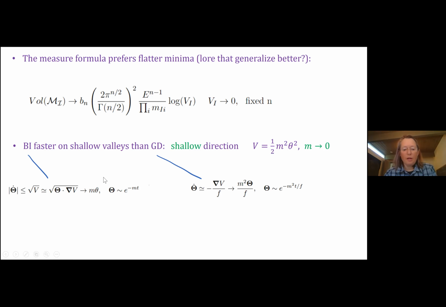Or anything that would have the same feature of a speed limit. So for these reasons, it seems like it should play well with at least some of the lore in machine learning about there being these valleys and about the flat minima.